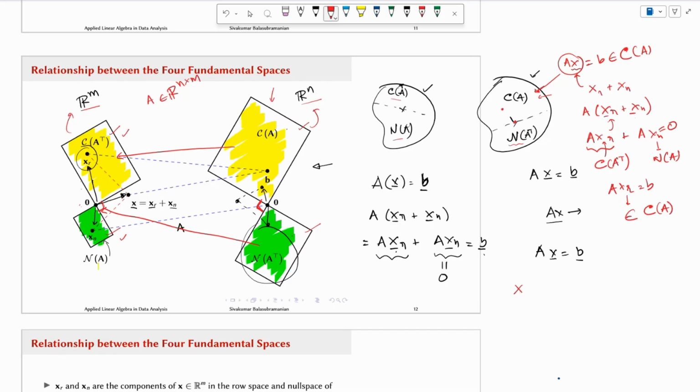And of course, because XR belongs to the row space, C(A transpose), and XN belongs to the null space of A, what can we say about XR transpose XN? Because the row space and the null space are orthogonal complements, what can we say about this operation, the standard inner product of the row space component with the null space component?